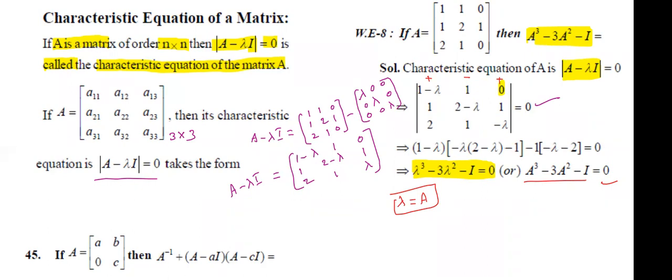Here 0 means the null matrix: 0, 0, 0; 0, 0, 0; 0, 0, 0, like that. By using the characteristic equation, we get the answer very easily. This is important in engineering also.